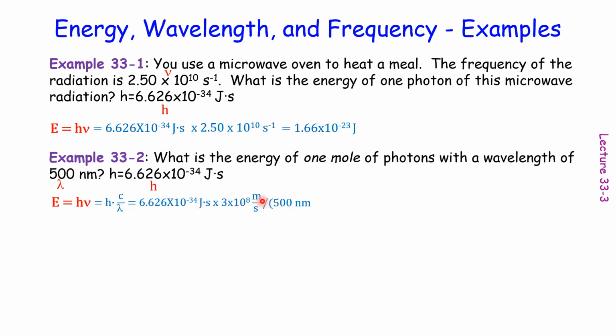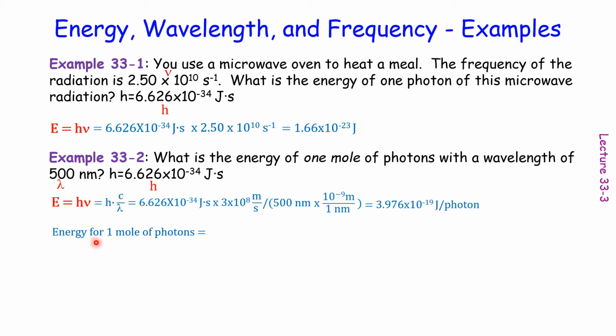Okay, the unit for speed of light is meter over second. So the wavelength we have to convert from nanometers to meters. So this is the energy for one photon.